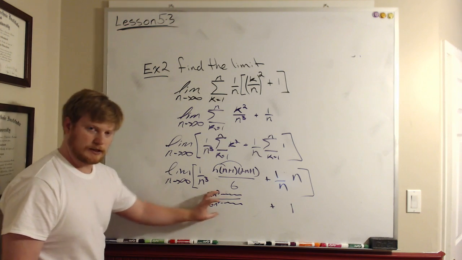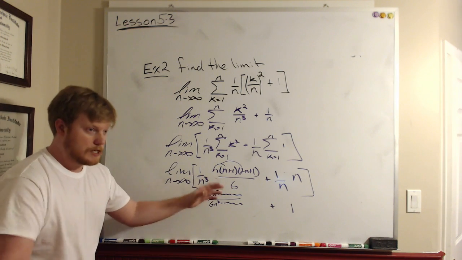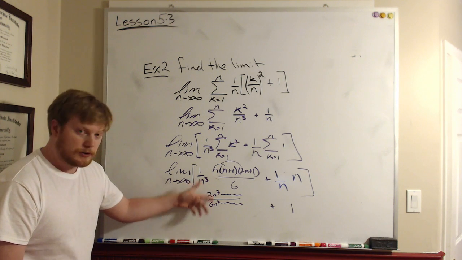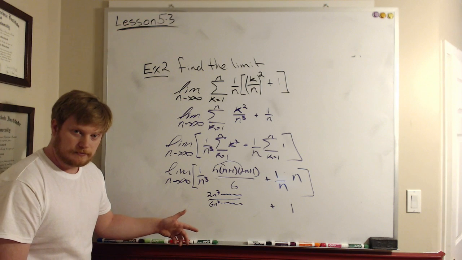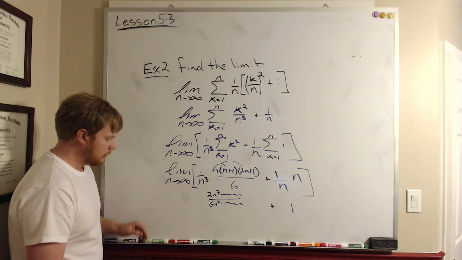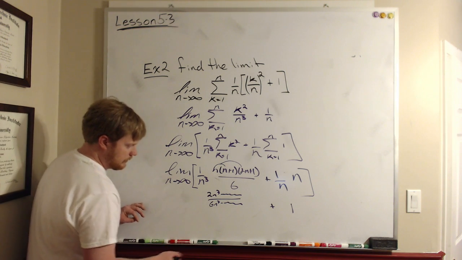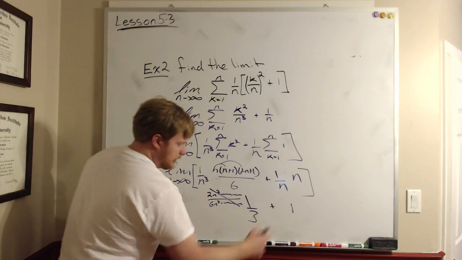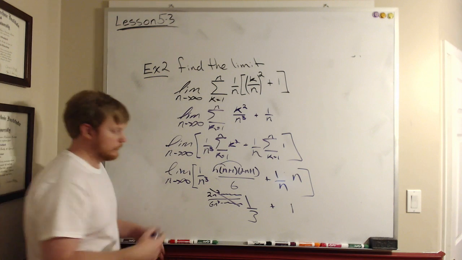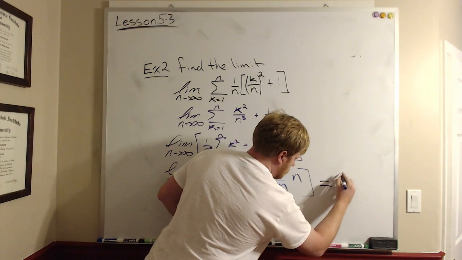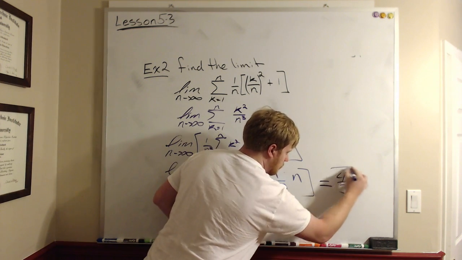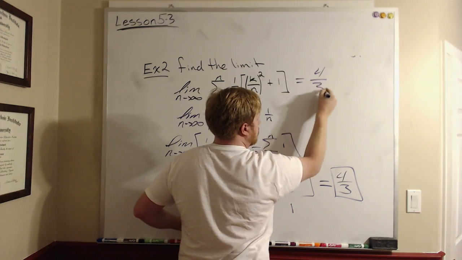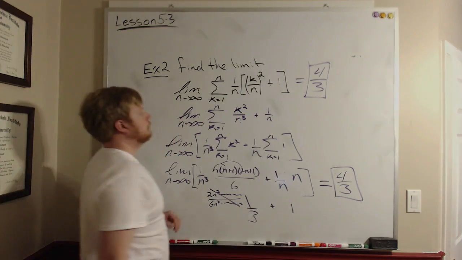And what's the limit of this as n goes to infinity? Well, it's just the end behavior of that rational function, which when the exponents are the same, is the ratio of the leading coefficients. And in this case, that's a third. Okay, so this is just a third, and my limit comes out to be 1/3 plus 1, or 4/3. So the answer to this bad boy here is 4/3. We'll write it up here too, so you can't mistake. 4/3.